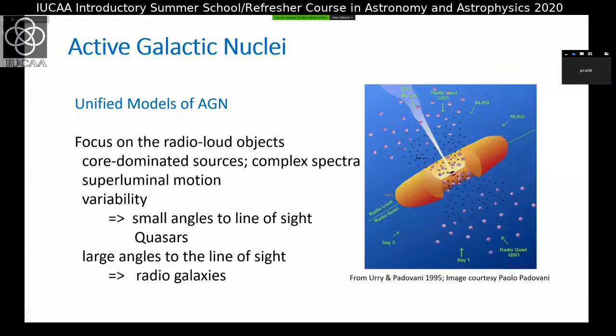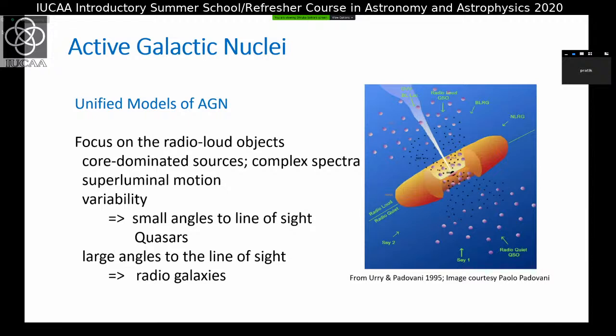Now the question is again, remember the Fanaroff-Riley class 1 and class 2 objects? The class 2, the high luminosity ones, have hotspots, whereas the Fanaroff-Riley class 1 objects have diffuse extended lobes of emission. By just changing the orientation or inclination, you cannot change an FR2 into an FR1.